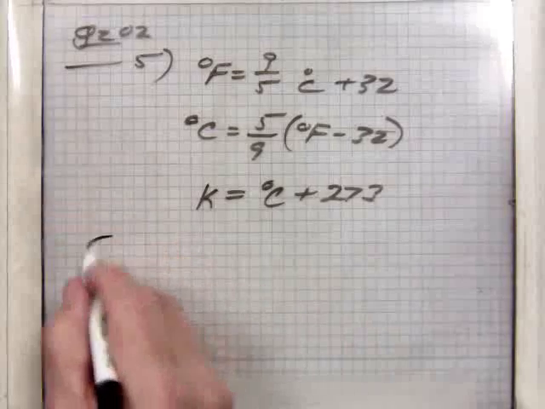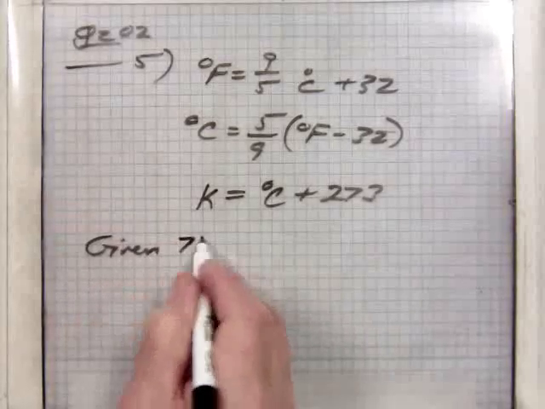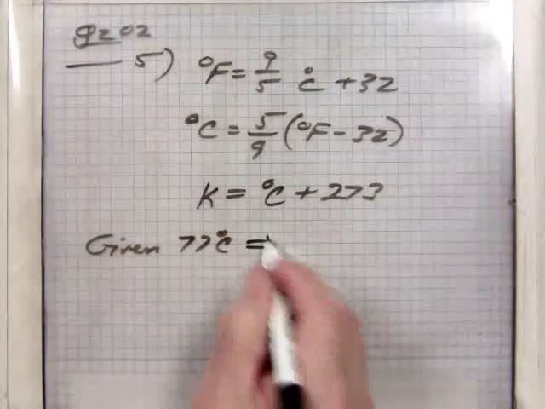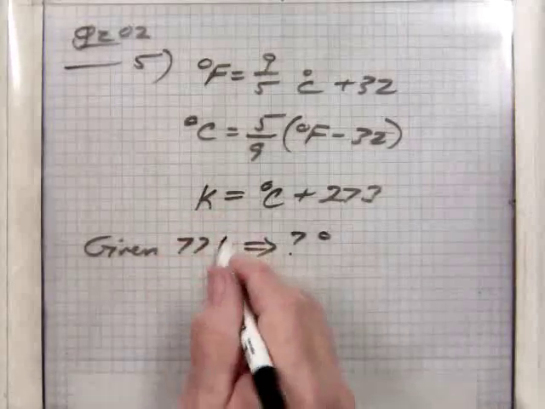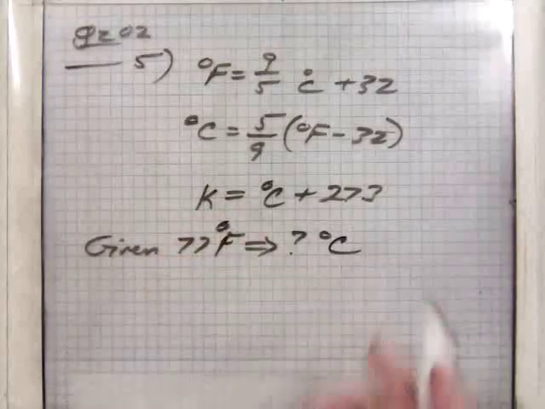Okay, so if we're given 77 degrees Fahrenheit, convert that to degrees Celsius.